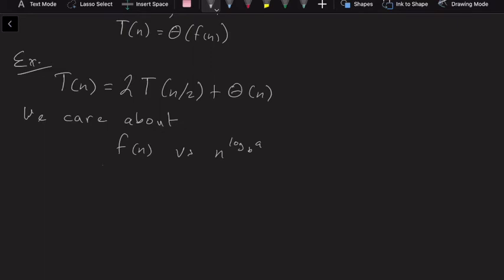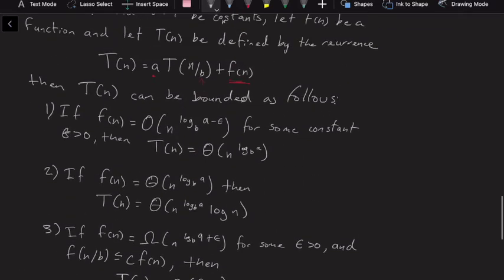And the reason why we always care about this comparison is because if you see the master theorem, we were checking is f of n big O of this value, f of n theta of that value, or f of n omega of that value, plus those epsilons. And I said we'll talk about the epsilons in a little bit.